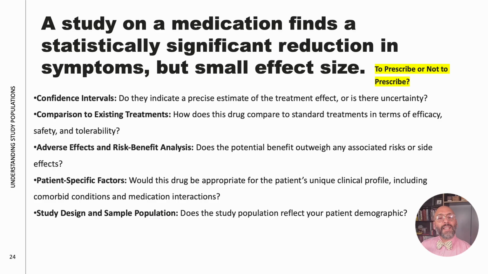If efficacy is similar but tolerability is worse, the answer may already be no. Then we weigh risk versus benefit. A small benefit can still matter if the risk is minimal. But a modest effect paired with weight gain, sedation, QT prolongation, metabolic harm, that changes the equation entirely.